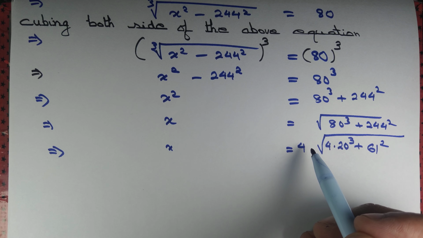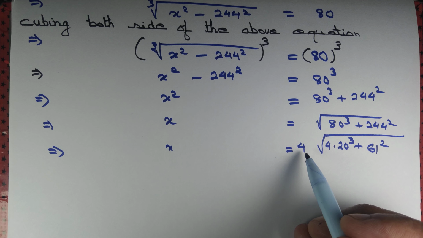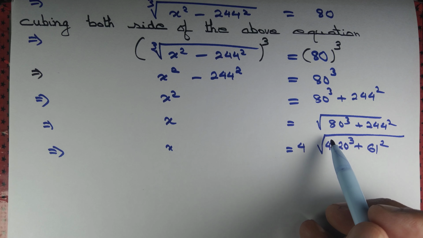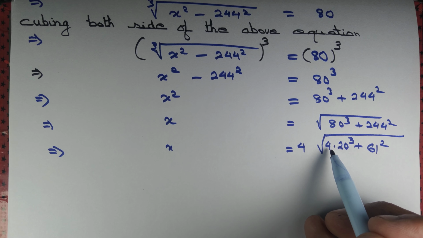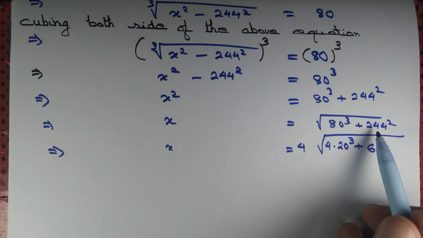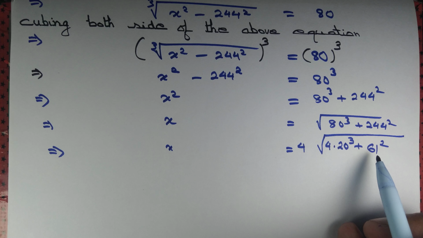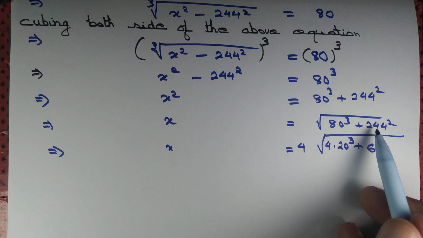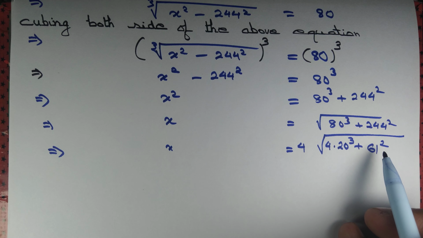So we take 4 square common. Square root of 4 square is simply 4. So from 4 cube we will be left with 4, and then 20 cube plus 61 square. Once again, 4 times 6 is 24. 4 times 1 is 4.